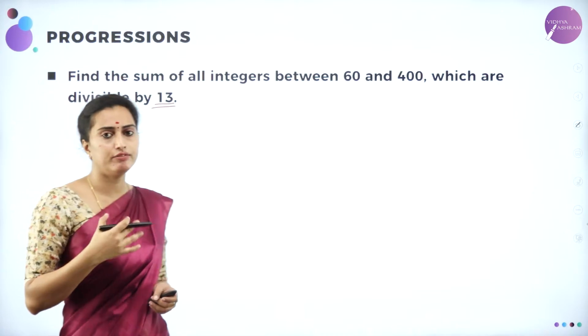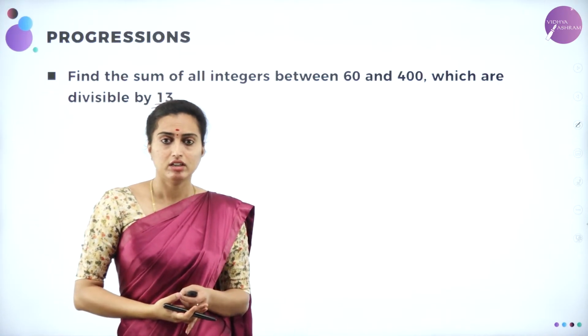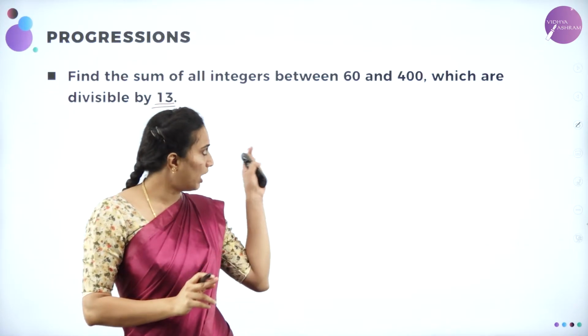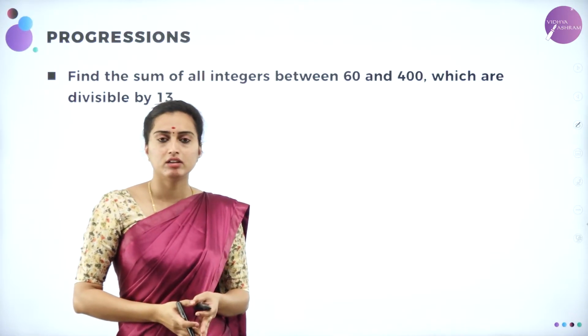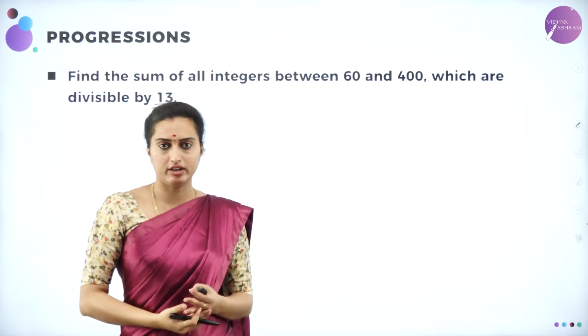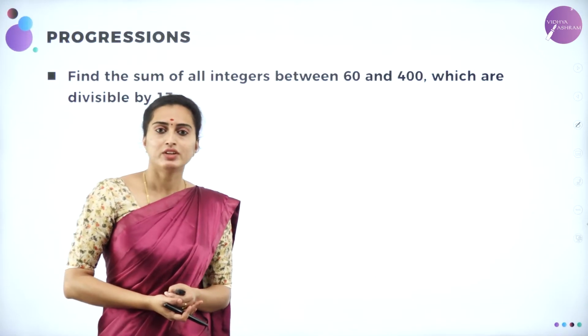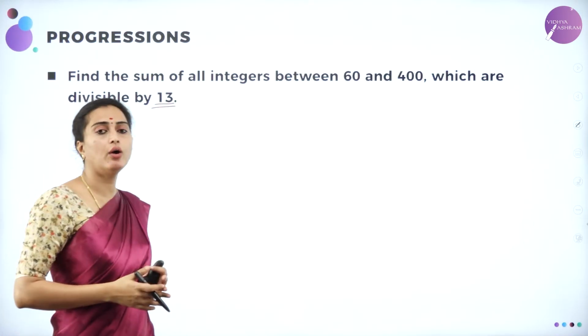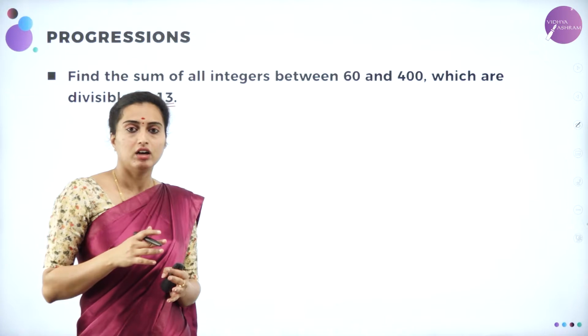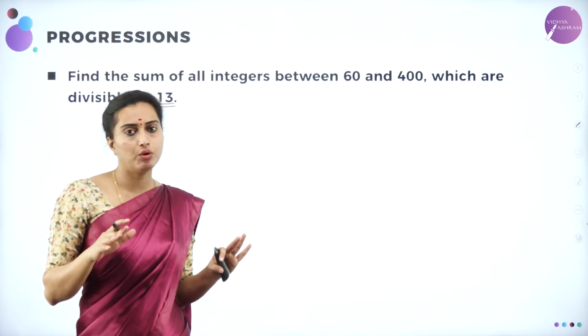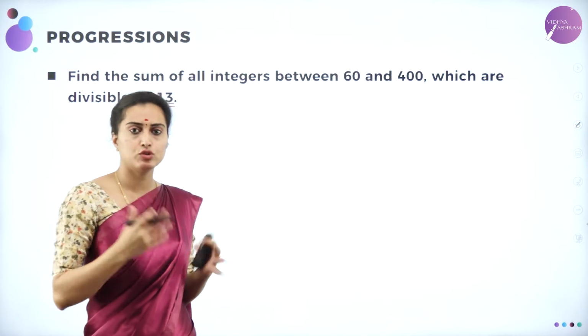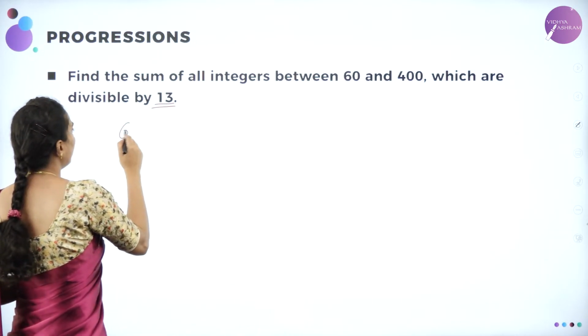Now you need to find the starting number from 60, then the second number, and then from the last, whichever is divisible by 13 before 400. See, 60 cannot be divisible by 13. 13 5s are 65. So the first term is 65.